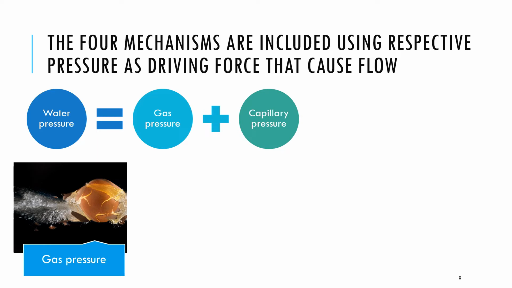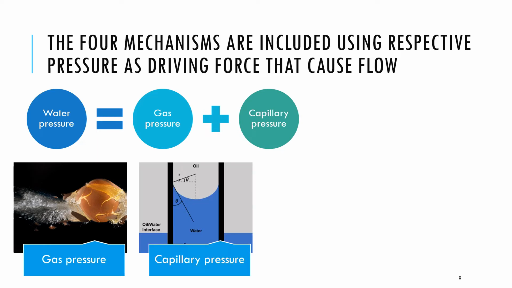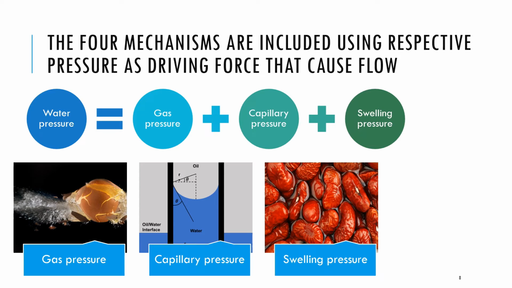Then we have capillary pressure, like we're very familiar with, how water rises in a capillary tube, and in foods, of course, we have these pathways that have capillary rise. Then we have swelling pressure. Swelling pressure would be pressure that would be felt, for example, when the dried beans in water would swell and push the surrounding.